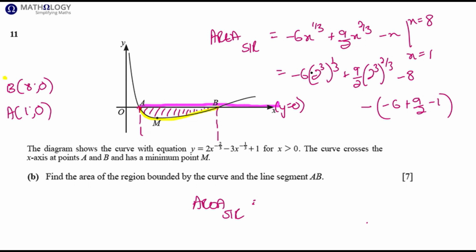So the area equals minus 12 plus 2 squared, 4, times 9, 36, divided by 2 is 18, minus 8, and then plus 6 minus 9 over 2 plus 1, and that equals half a unit, or 0.5 units squared.